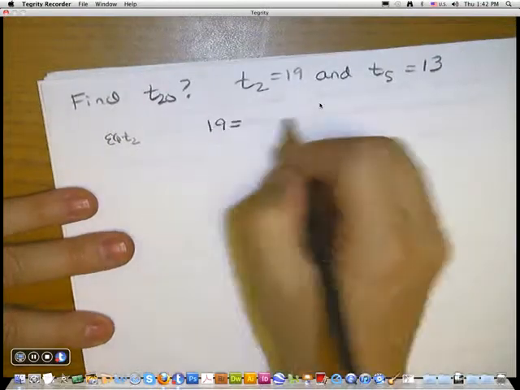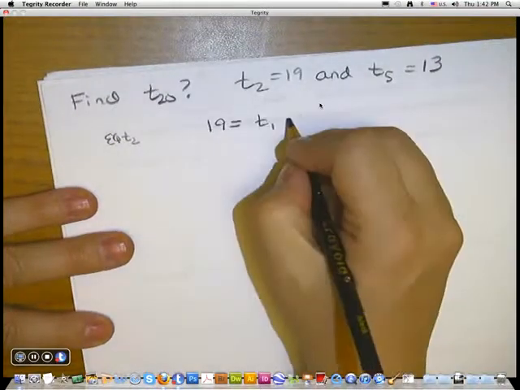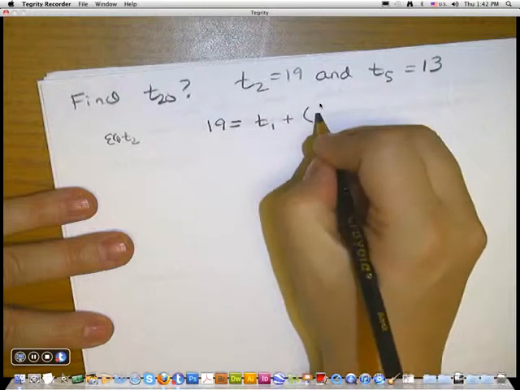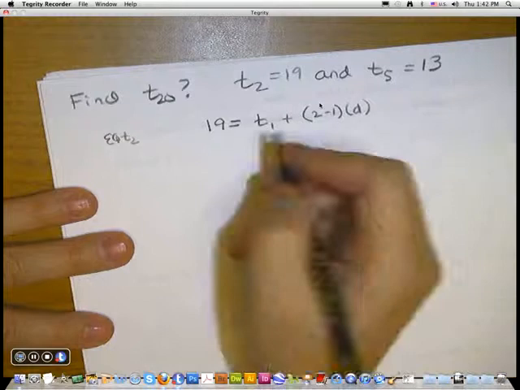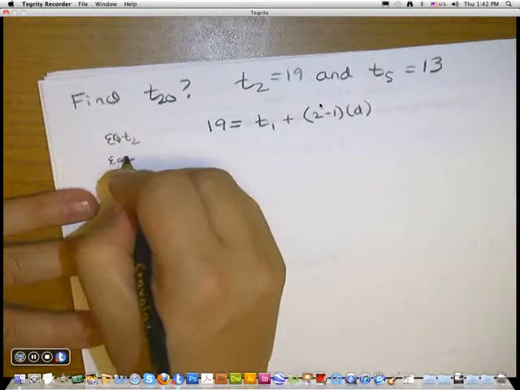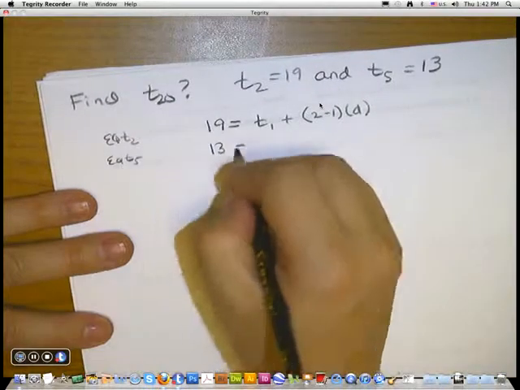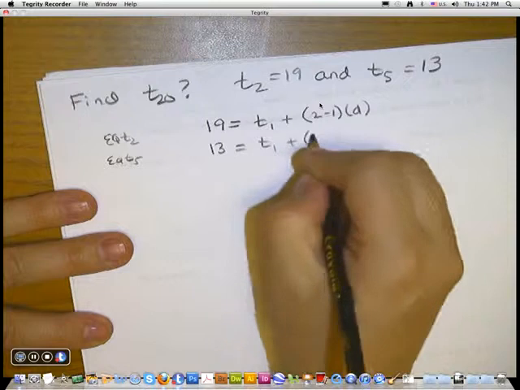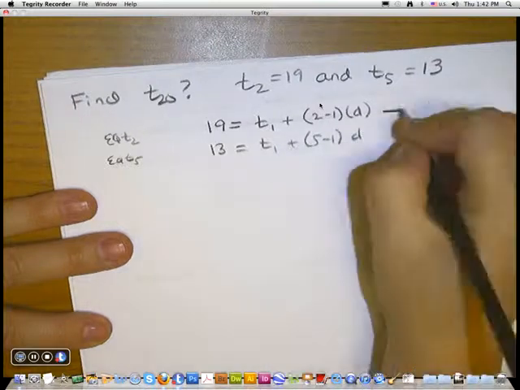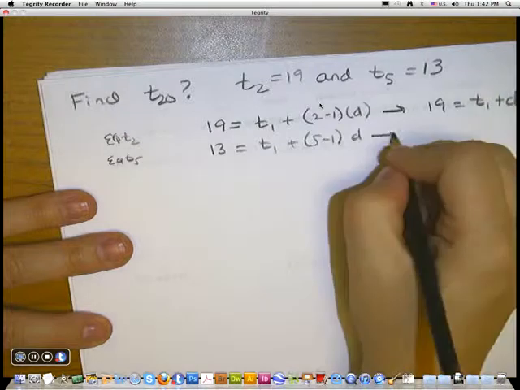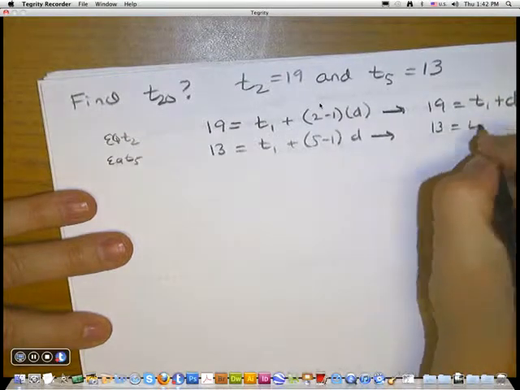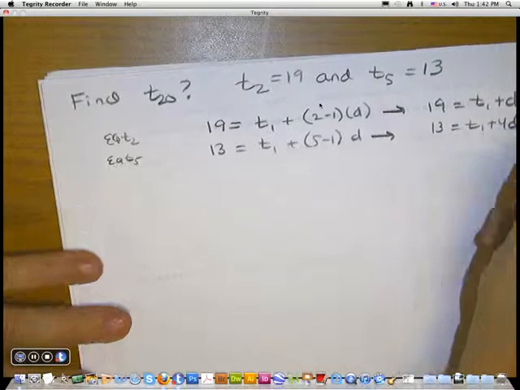So 19 is the first term we don't know, plus the second term minus 1 times D, which we don't know. Then we're going to set up the equation for our 5th term. The 5th term is 13, so T1 plus 5 minus 1, D, gives me 19 is T1 plus D, and 13 is T1 plus 4D.